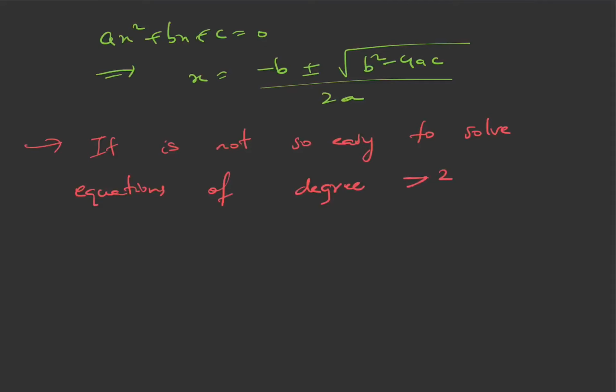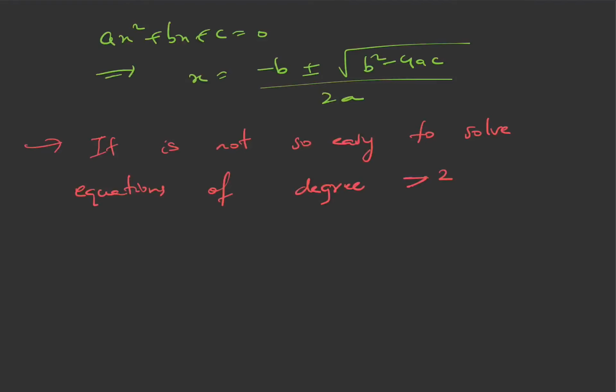Actually there are methods by which you can solve any cubic equation, any biquadratic equation, but we will not learn those methods. And in fact, if you try to solve any fifth degree equation, there is no method developed. So there is no method to solve equations of degree greater than 4.